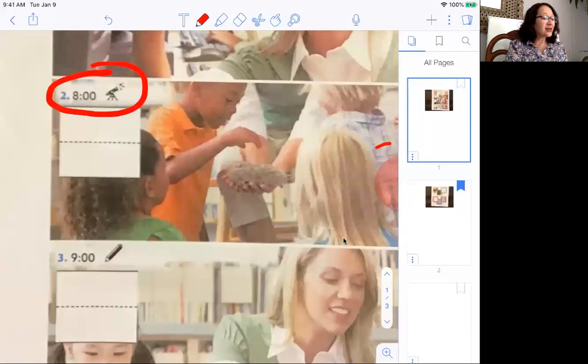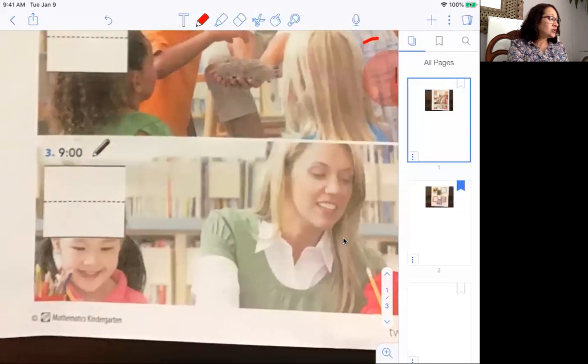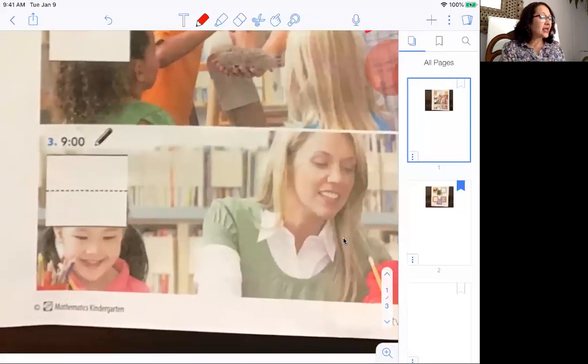So that's at 8 o'clock. And then we're going to go down more to the bottom, and it looks like the teacher is now going to do her writing session with her students. You see how it's 9 o'clock. You see that? Okay, and there's a picture of a pencil, so it's her writing.